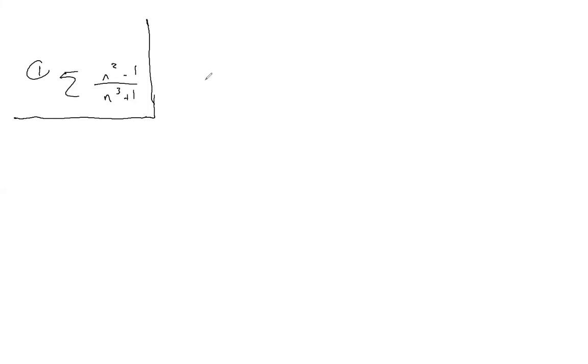One I want to talk through because it's a comparison test problem, and I feel like that needs the most help. Whenever I see polynomial over polynomial, I think comparison test. So I'm going to try the direct comparison, the regular comparison test first. If I was going to compare this series to something, what would I compare it to?